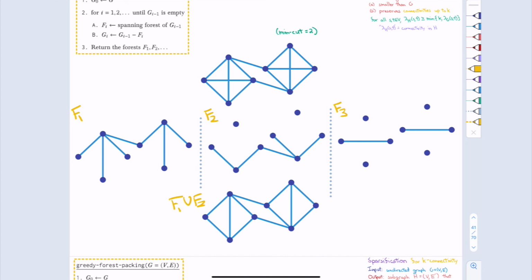The minimum cut should be at least 2. Which I think is true. I think between any 2 vertices, you'll find 2 edge-disjoint paths between them in the union of the first 2 forests. And it must be true because we're about to prove it. But I think upon inspection it's also true. So it's kind of a neat idea.